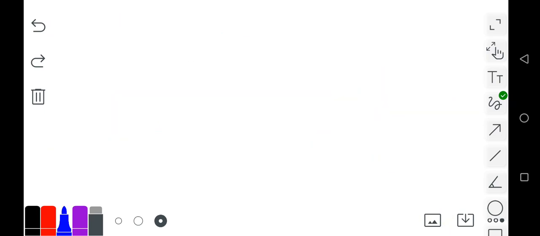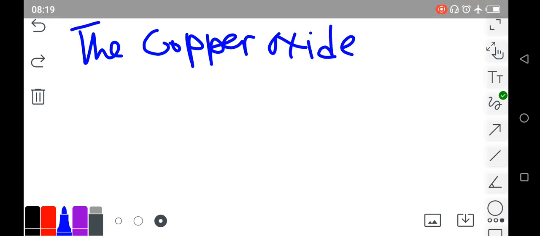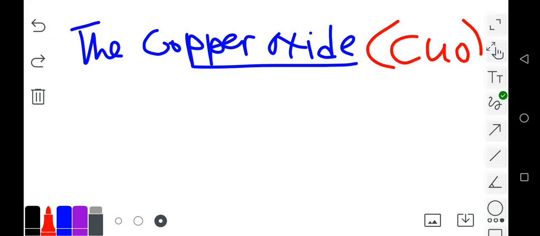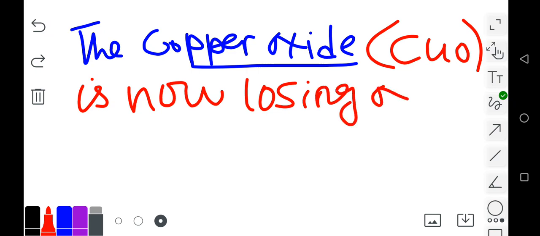So in this case, we can see that the copper oxide, which has this chemical formula, is now losing the oxygen.